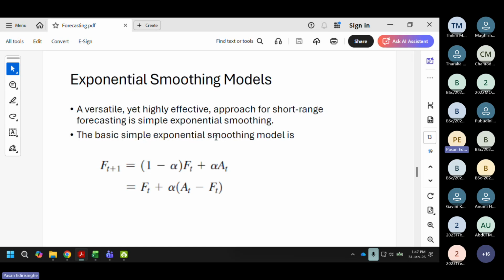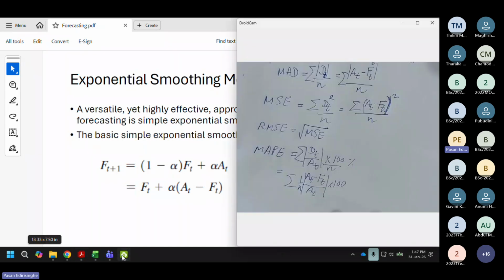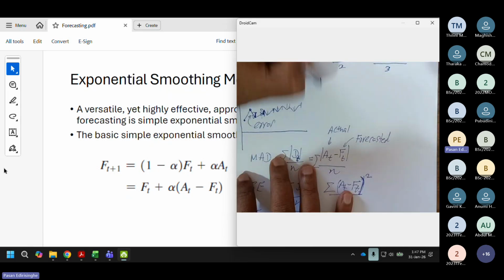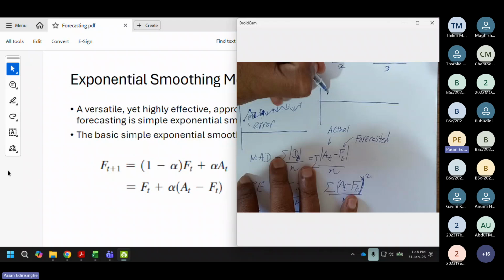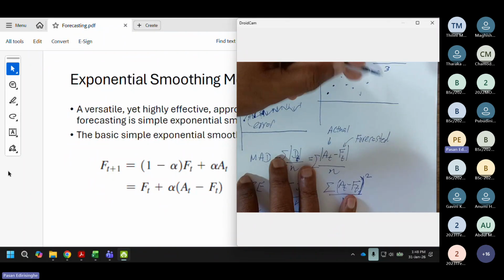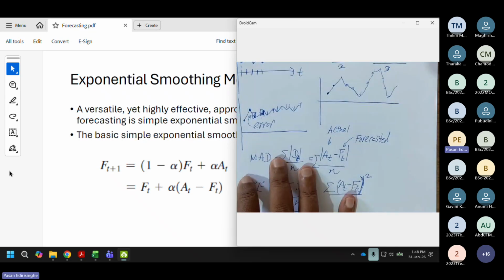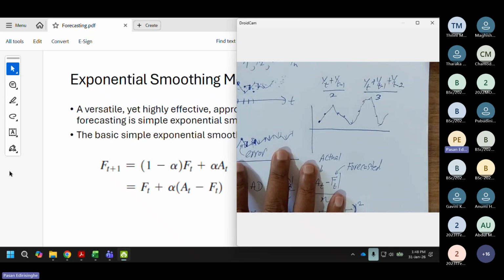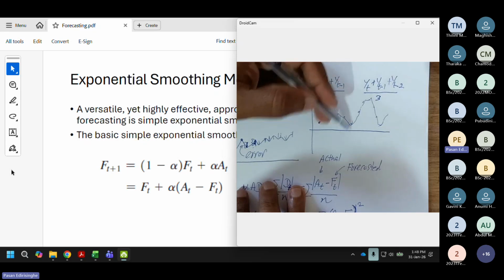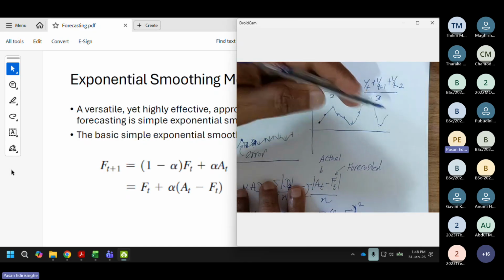The idea of smoothing techniques is that when you look at the time series, our observations have some sharp peaks, right?